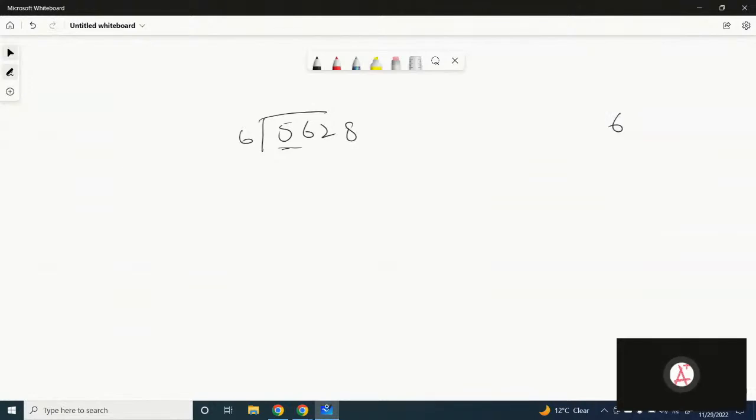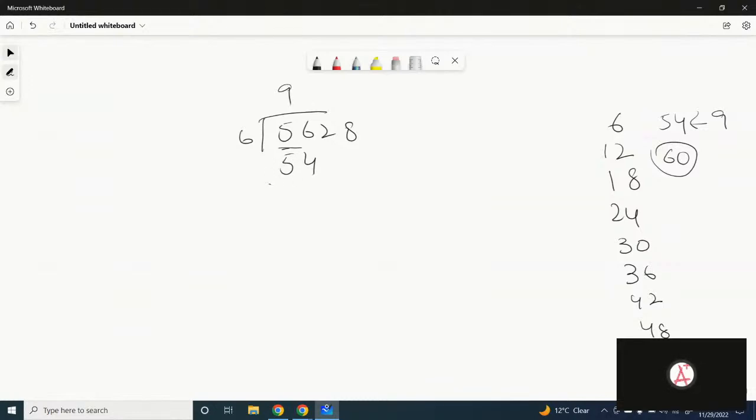Okay, 6 times 1 is 6, 6 times 2 is 12, 6 times 3 is 18, 6 times 4 is 24, 6 times 5 is 30, 6 times 6 is 36, 6 times 7 is 42, 6 times 8 is 48, 6 times 9 is 54, and 6 times 10 is 60. So 60 is greater than 56, so we can go for 6 times 9 is 54.